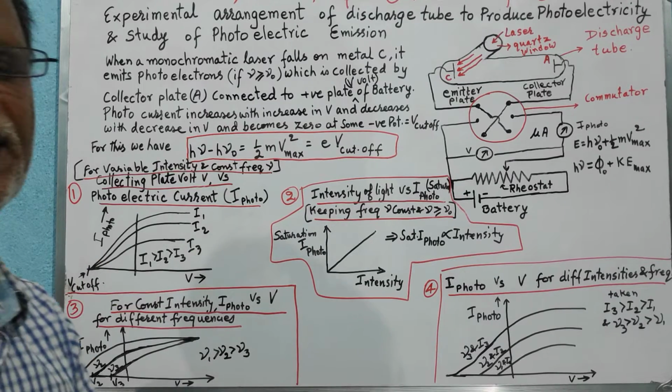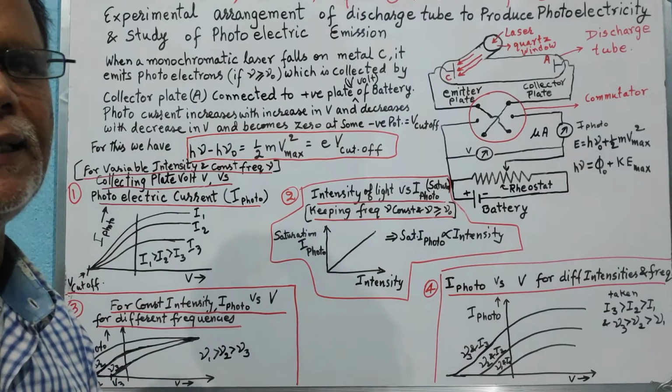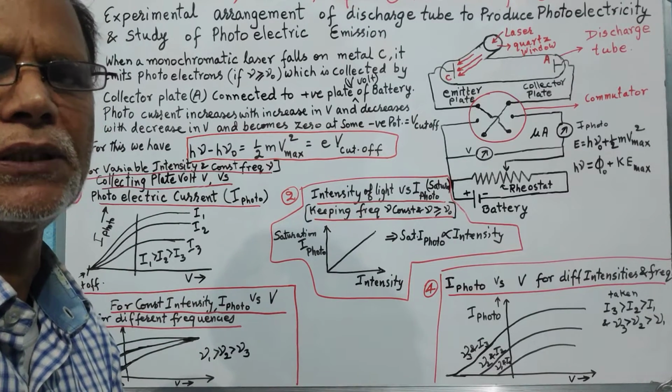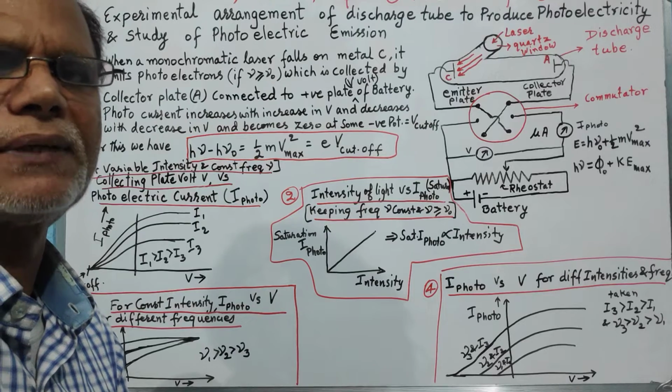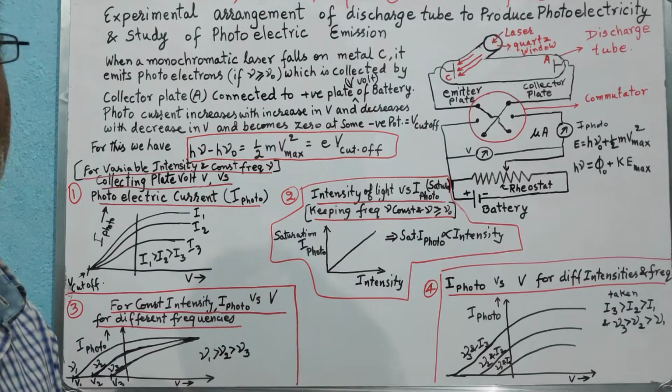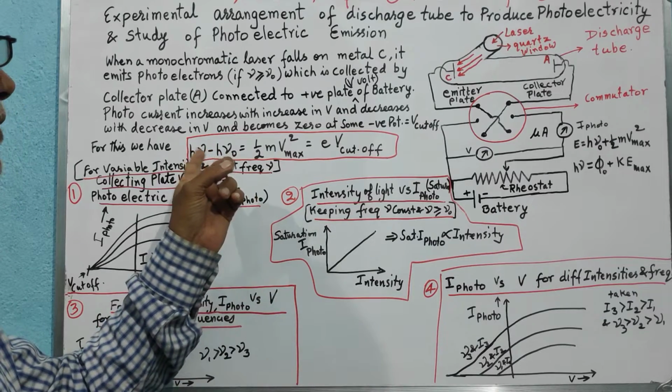One thing you can understand: if the intensity is high, then the number of photoelectrons emitted will be large, but the maximum kinetic energy carried by any electron will always be the same. It will depend only on the frequency.